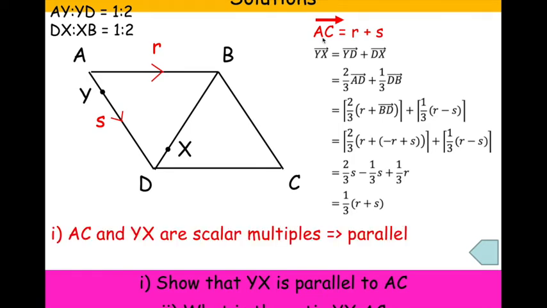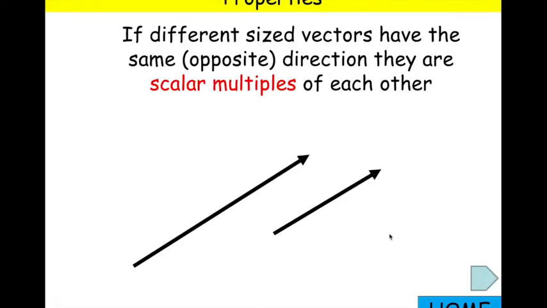And notice that AC and YX are multiples of each other. Therefore, they are parallel. If you look at the previous concept, if different size vectors have the same or opposite direction, they are scalar multiples of each other, meaning they are parallel.